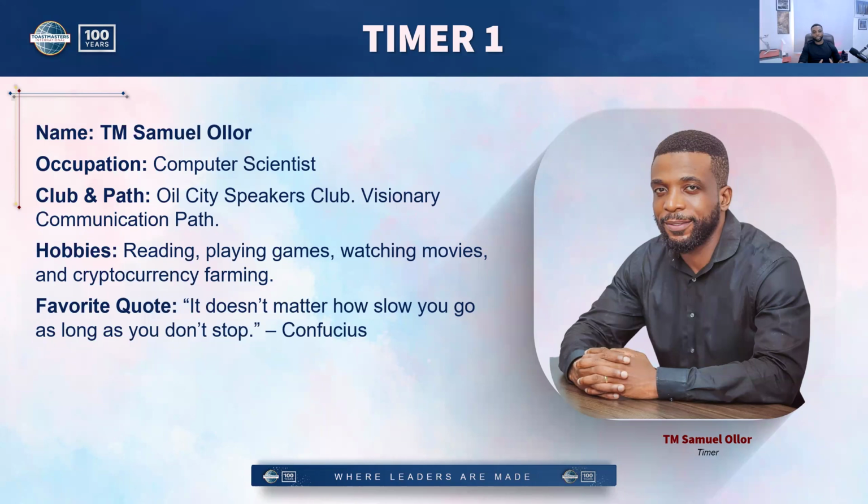For the International Speech Contest, speeches shall be for 5 to 7 minutes. The contestants will be disqualified if the speech is less than 4 minutes 30 seconds or more than 7 minutes 30 seconds. I will display those signals when I'm done explaining the rules here.